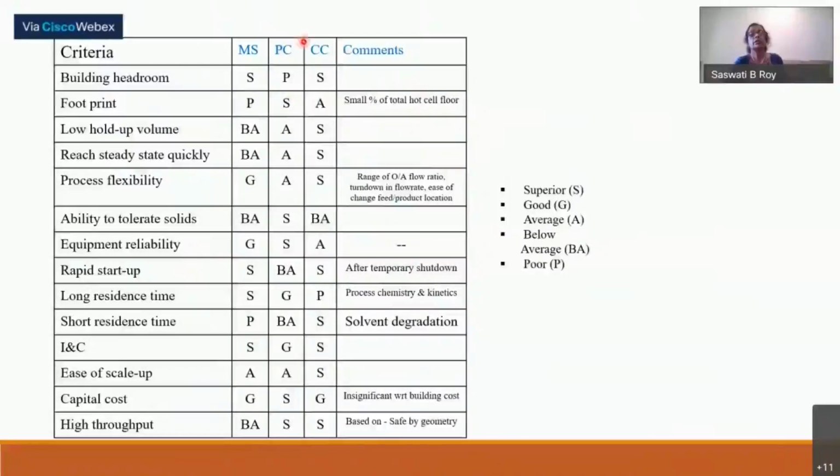Centrifugal contactors are another type of contactor, which was developed for processing of sensitive chemicals like your antibiotics and all, where the residence time requirement should be much reduced inside the contactors. So the centrifugal extractors were developed there, and now this is used in the back end where residence time is a problem.